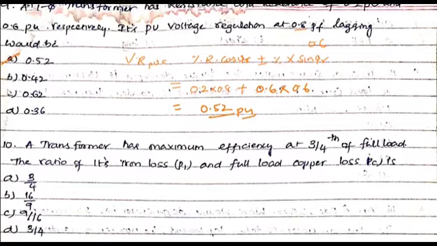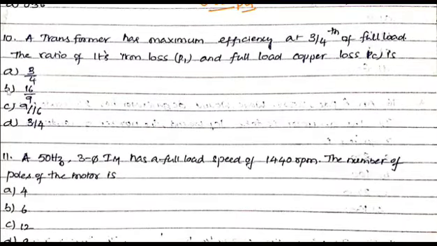Next one, a standard question in transformers. The transformer has maximum efficiency at 3/4 of its full load. The ratio of its iron losses and the full load copper losses will be. So x will be equal to full load kVA into square root of Pi by Pc.